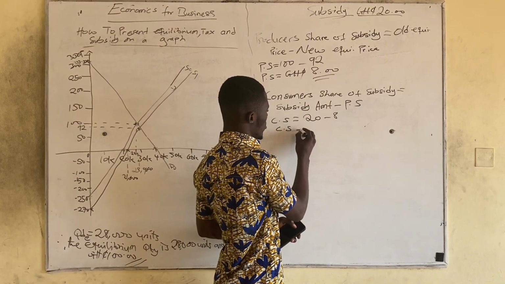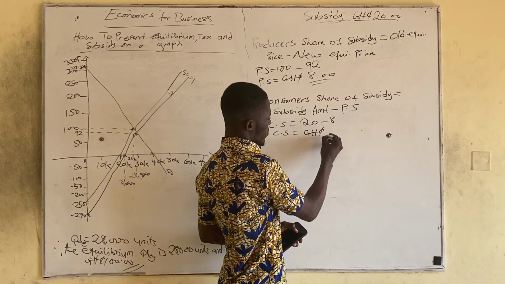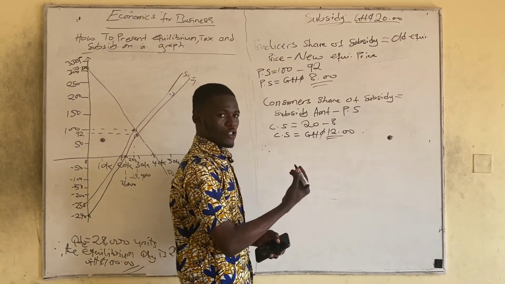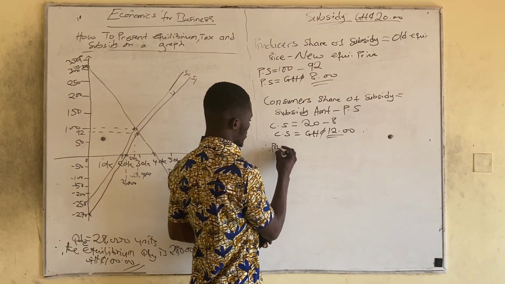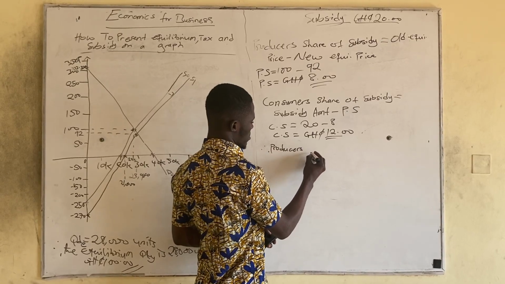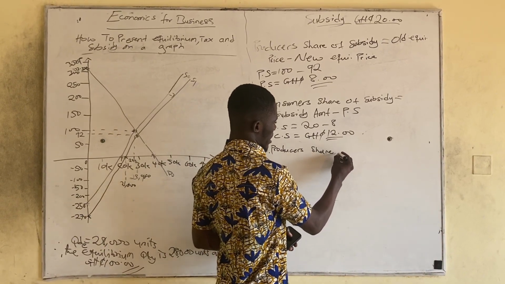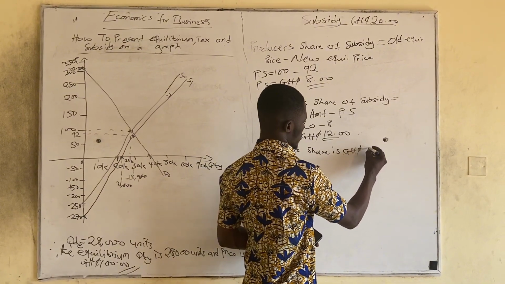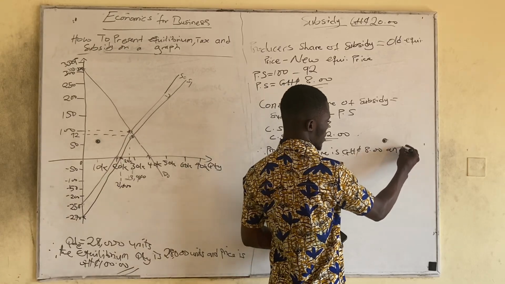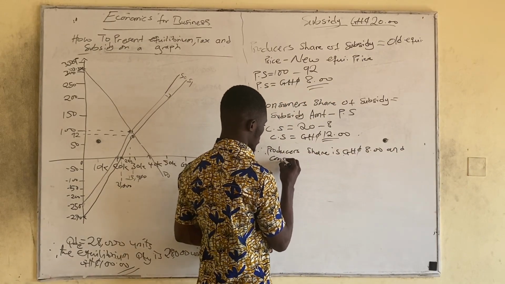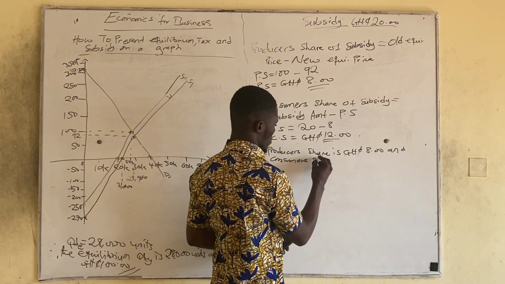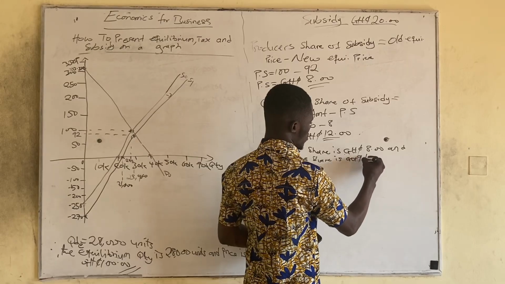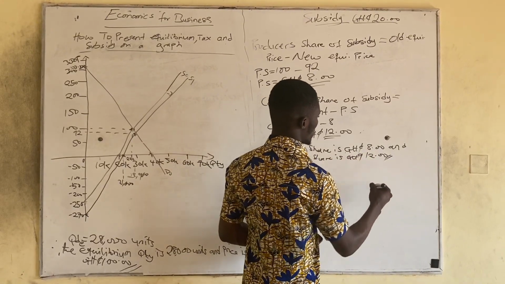So consumers' share will give us 12 cedis. So therefore, make sure you conclude: producers' share is 8 cedis and consumers' share is 12 cedis. You are done.